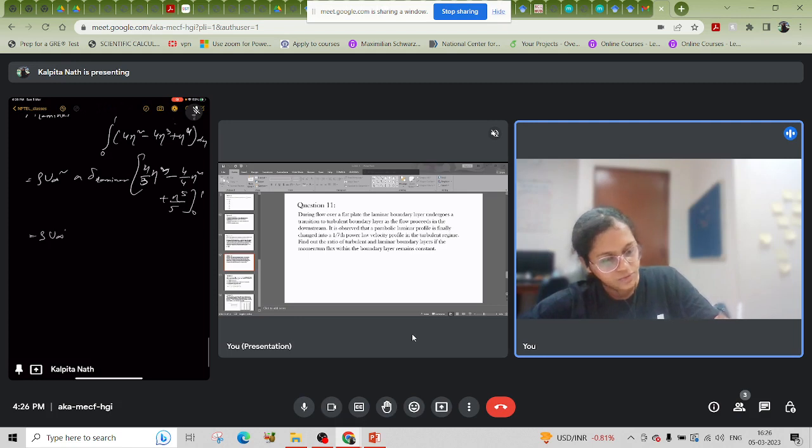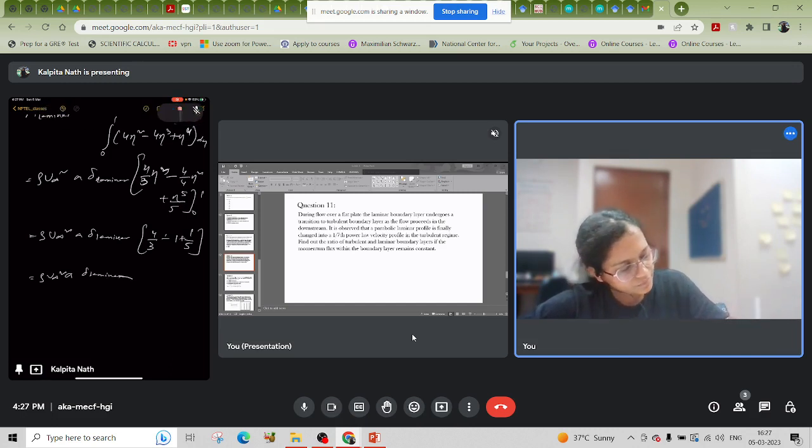So rho u infinity square A delta laminar times 4 by 3 minus 1 plus 1 by 5, which gives rho u infinity square A delta laminar 8 by 15.